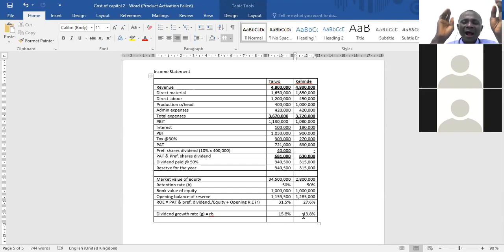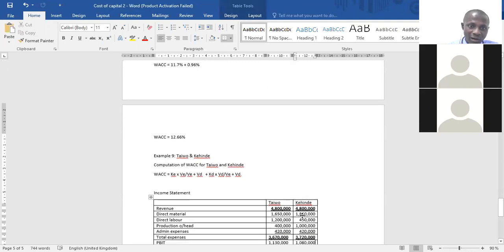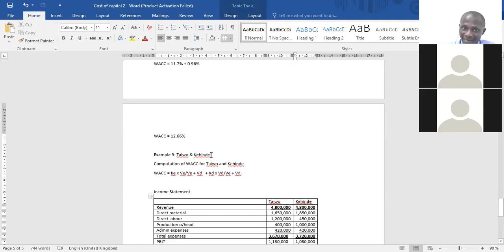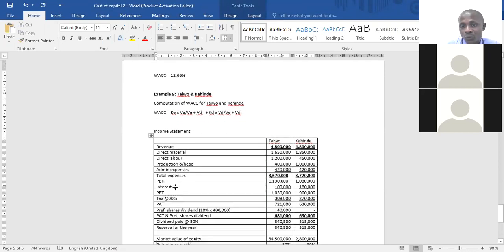So you must be able to diagnose the question. It's not going to be straightforward at all times. You can see the work we have to do before we can get to where we are now. So you must be able to establish that dividend is growing.